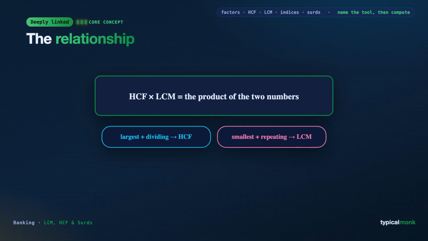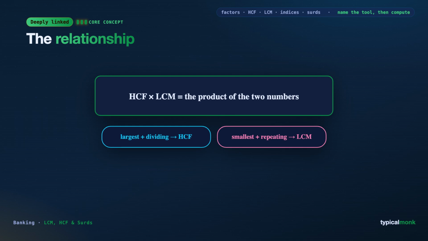The deeper skill this class builds is the reflex of choosing correctly between the two under time pressure. Read the question and ask one thing: is it asking for the largest thing that fits into several quantities, or the smallest thing that several quantities fit into? Largest and dividing means HCF. Smallest and repeating means LCM.